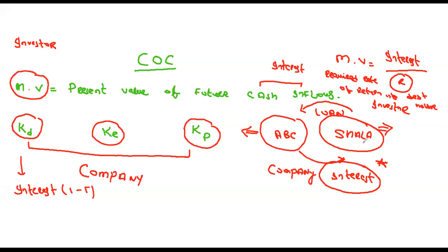What is Shaila expecting from ABC company to pay as cost, that is R. Now we have three things. One is what the investor is expecting, the return, that is R. What the company pays is the cost, that is cost of debt. And the cash inflows Shaila will receive give the market value. Done.